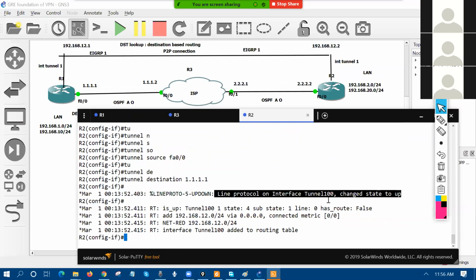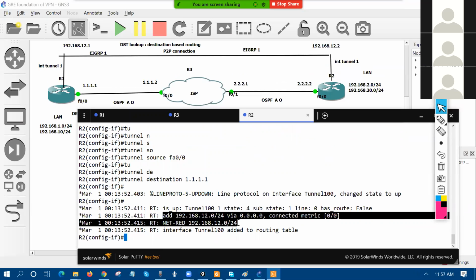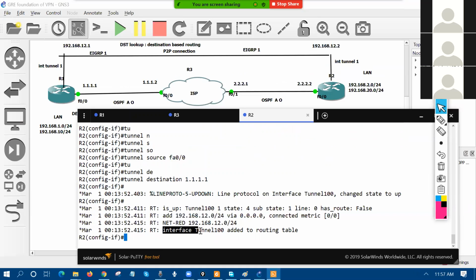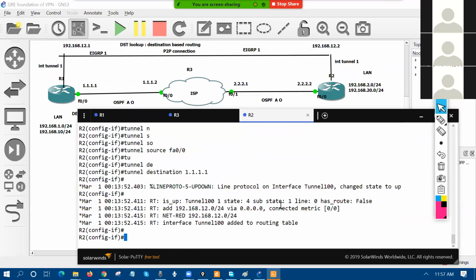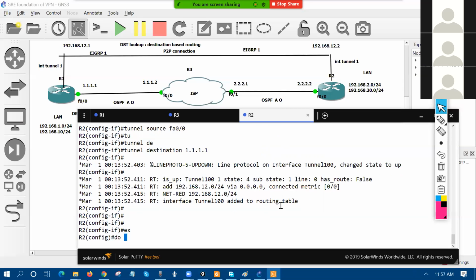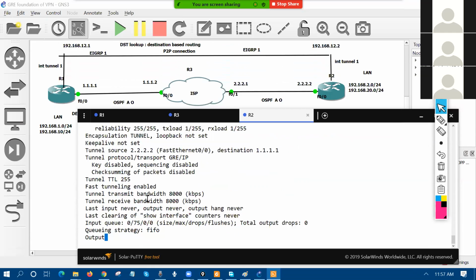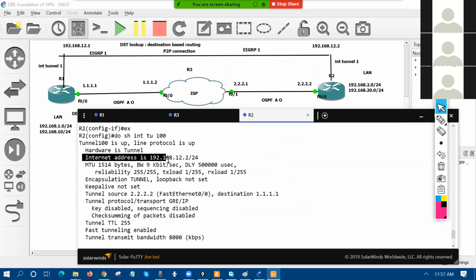And if my tunnel is up, I'm going to add this route in my routing table. And how is it associated? It's associated with tunnel 100. So now if you see, do show interface tunnel 100, what happened? All good?